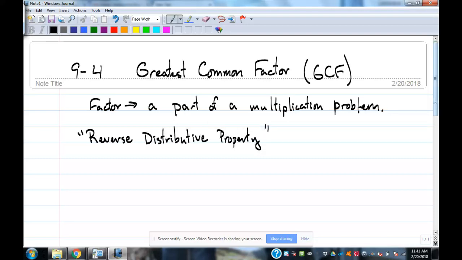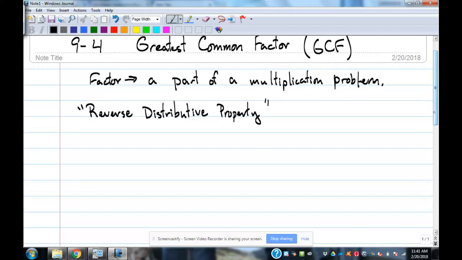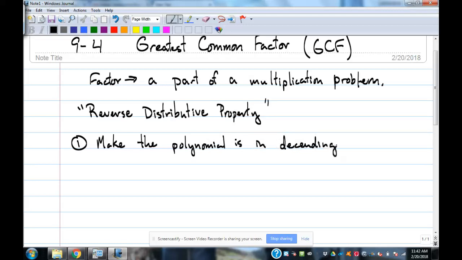Okay. All right. So there's a couple of things that we want to make sure of before we factor in any way. The first thing we want to make sure is the polynomial is in descending order. And remember, we were writing our answers the last couple of weeks.